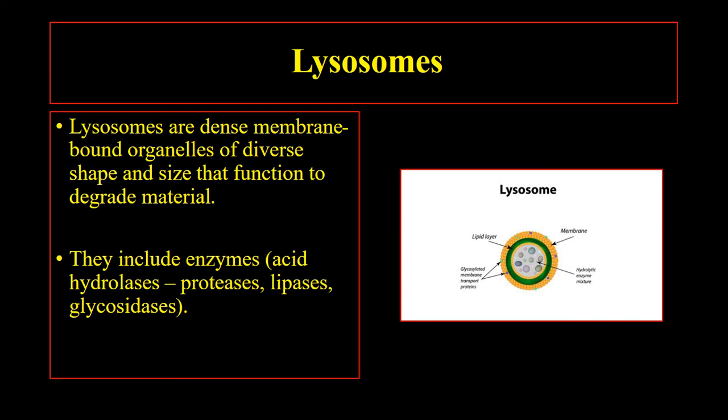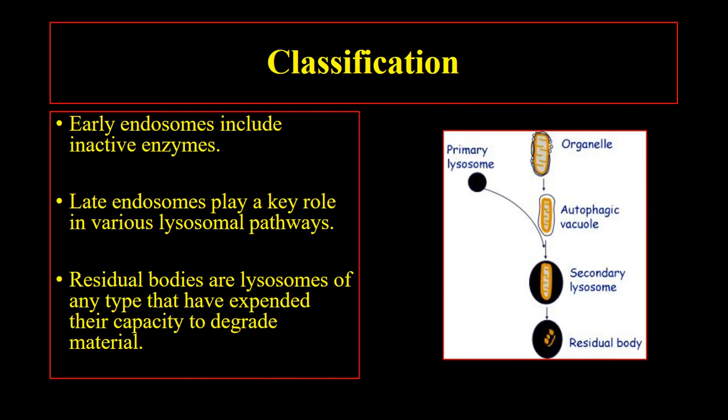I remind you what acid hydrolases means. Acid hydrolases are enzymes which disintegrate materials with the help of a hydrolysis reaction. And these enzymes work in an acid environment, so it's called acid. Classification of the lysosomes.